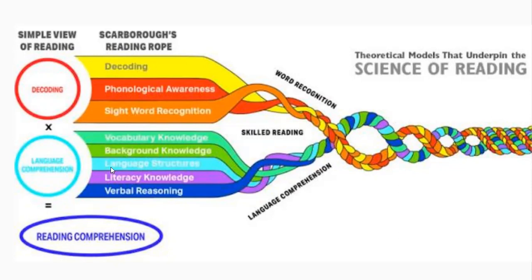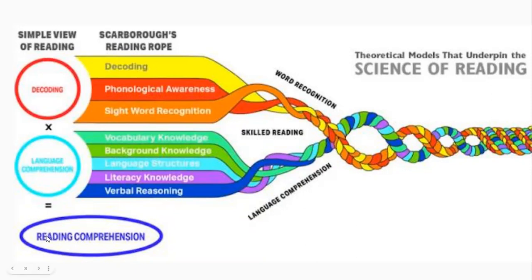And then today we're looking at the very bottom three: language structures, literacy knowledge, verbal reasoning. Please note that all of these are corresponding to the language comprehension area in the simple view of reading. We talked about this equation in the second module of this course when we talked about the science of reading.